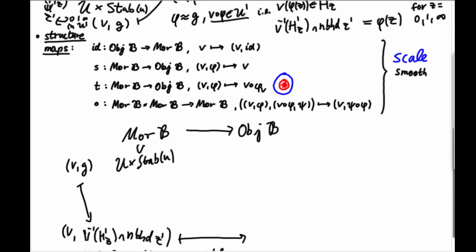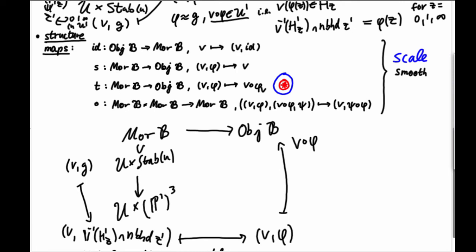From there, I can determine v and phi, and from there, I can make my reparametrization. So that means, as a map, first I go to the slice times 3 points in P1. From there I go to the slice times Möbius transformations, and then I reparametrize.